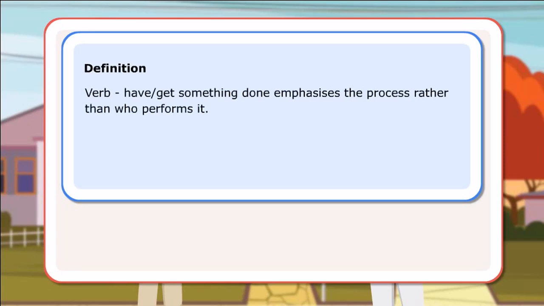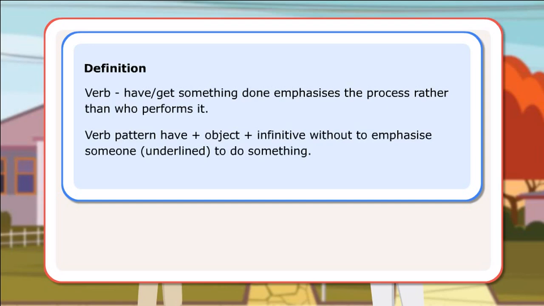Definition. The verb pattern have, get something done emphasizes the process rather than who performs it. Verb pattern have plus object plus infinitive without to emphasizes someone doing something. Usage.